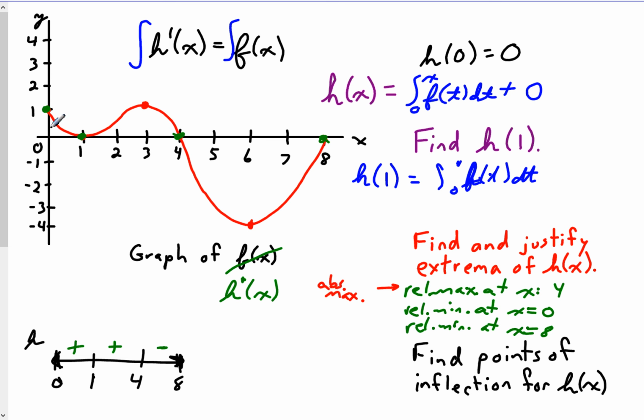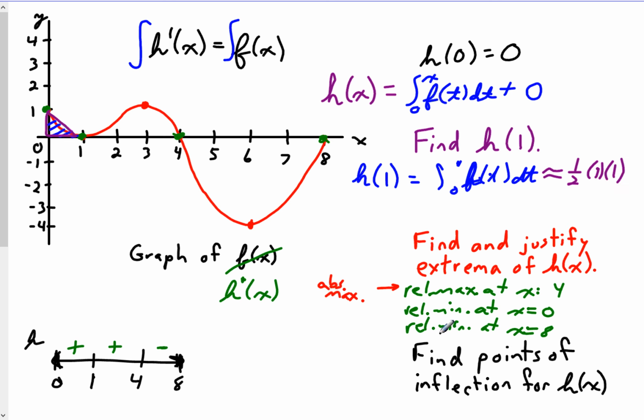And graphically, the integral from 0 to 1 is finding this area, which will be positive because I'm above the x-axis. So I'm going to be estimating h of 1 by estimating this area. And if I use a triangle to estimate that area, I get h of 1 is about a half.